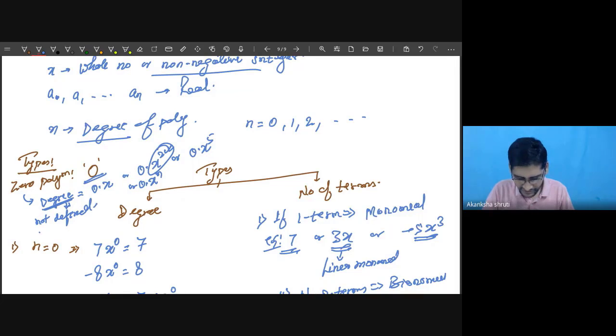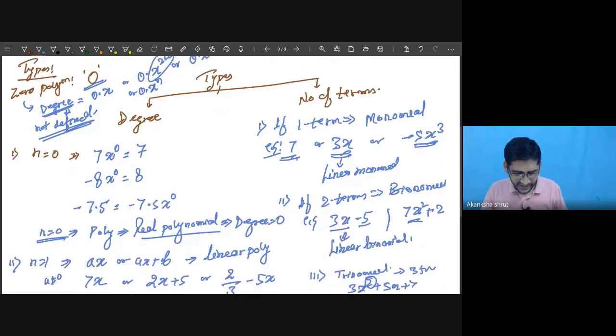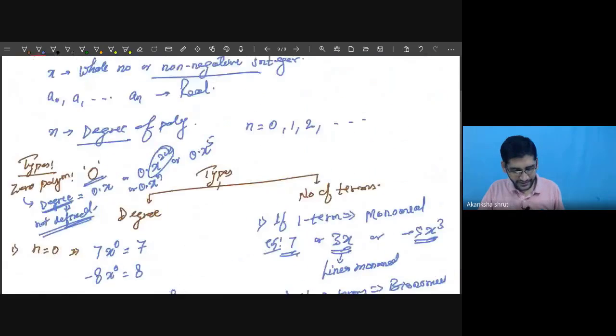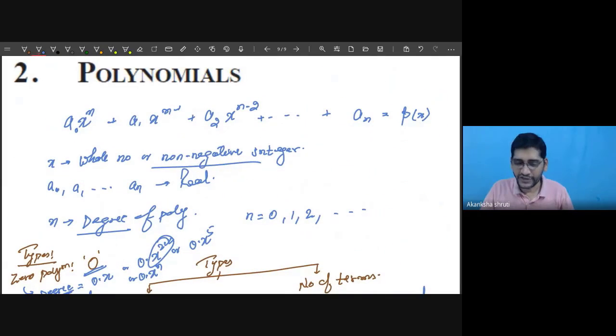That we have to keep in mind. But for a constant polynomial, what have we learned? Its degree is 0. And this polynomial can have any real value excluding 0, 2, 3, negative, positive, anything. So this is all about our definition of polynomial.